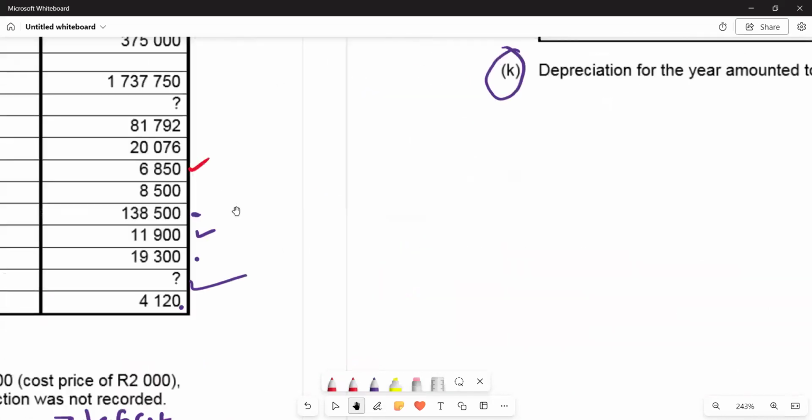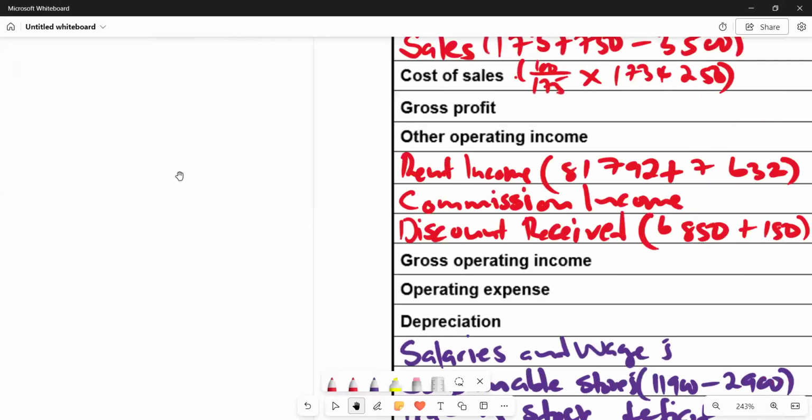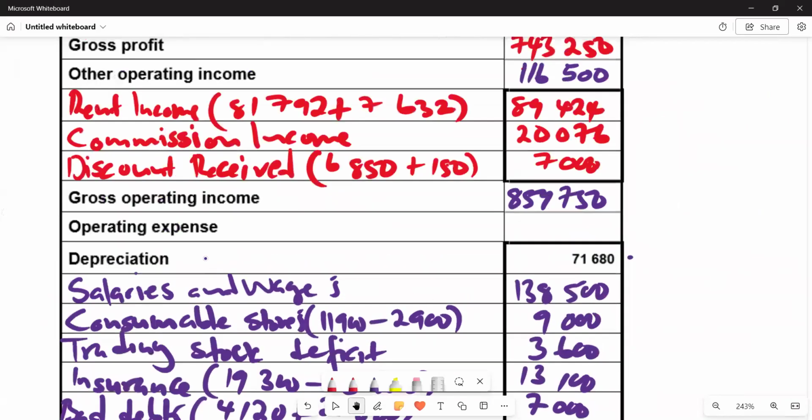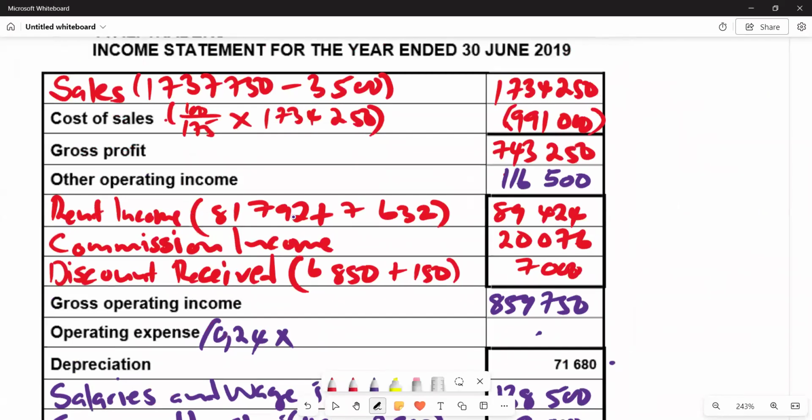So we go to our answer section. We are saying for operating expenses, we are here. The total figure that is supposed to come here, we are going to say 24% as a decimal, it's 0.24. And then we multiply by the adjusted sales figure. And the adjusted sales figure is this one that we have put here after making the adjustment, which is 1,734,250.